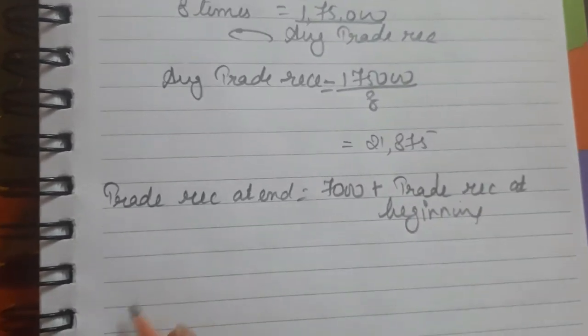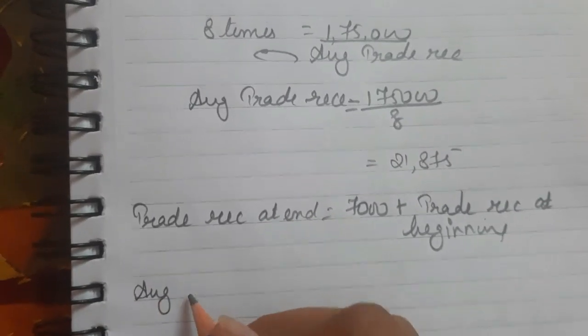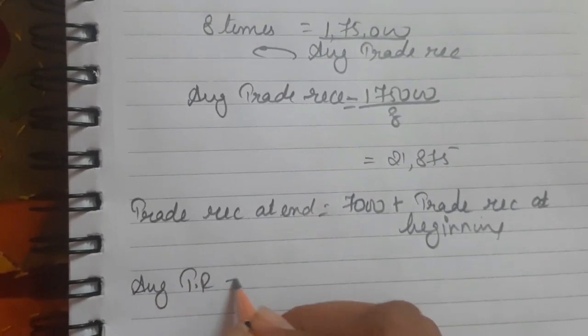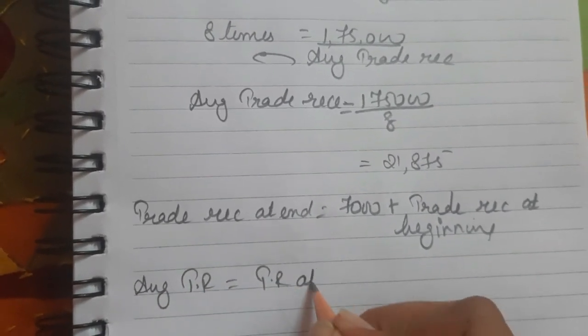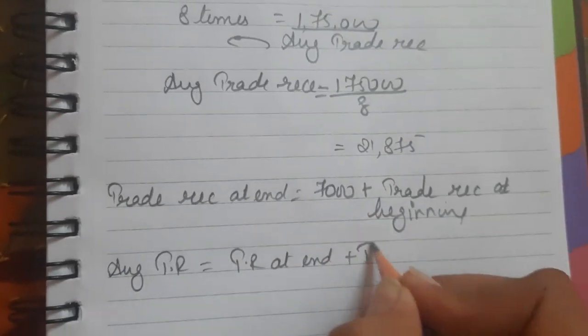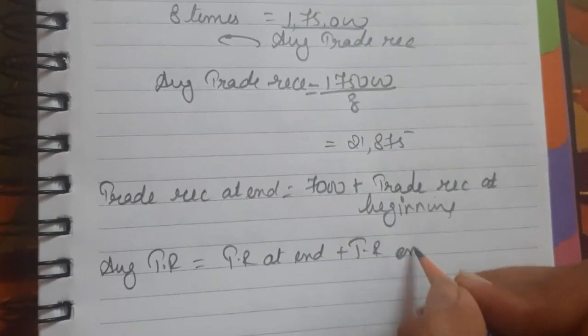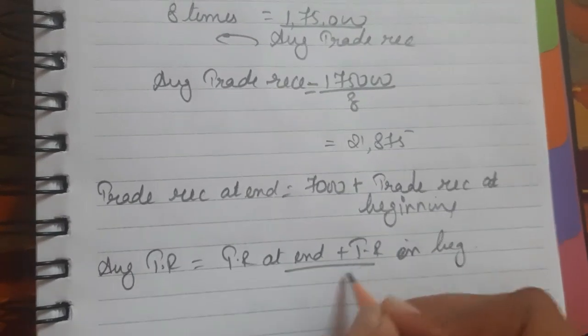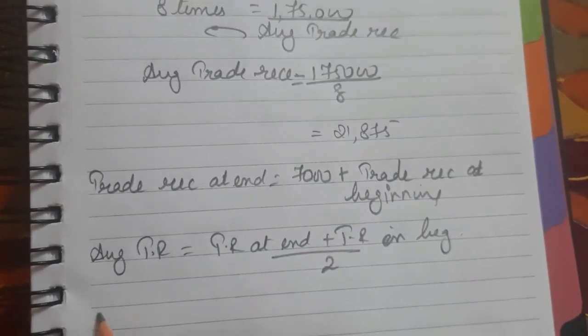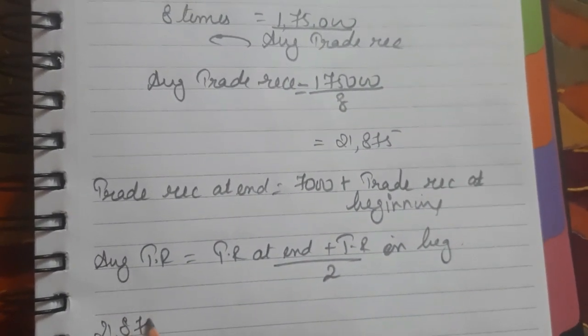Okay, so using the formula for average trade receivable, it is trade receivable at end plus trade receivable in beginning divided by 2. Now you have average trade receivable as 21,875.